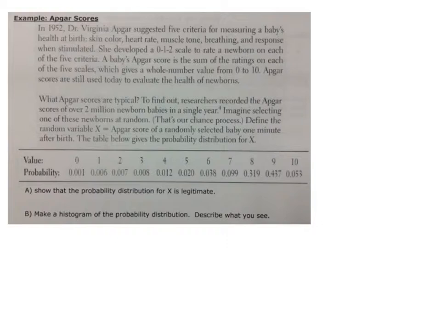Let the random variable X equal the Apgar score of a randomly selected baby 1 minute after birth. The table below gives my probability distribution for X. Remember, this is the same as my probability model. All of these probabilities should add up to 1, and they are all between 0 and 1, so it makes for a good probability model.